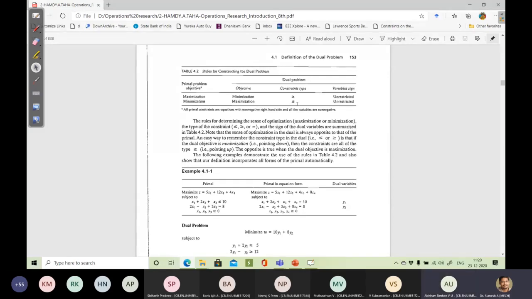If your primal problem is maximization, the dual will be minimization with constraints of greater than or equal to. If it is a minimization problem, the dual will be maximization with constraints of less than or equal to.